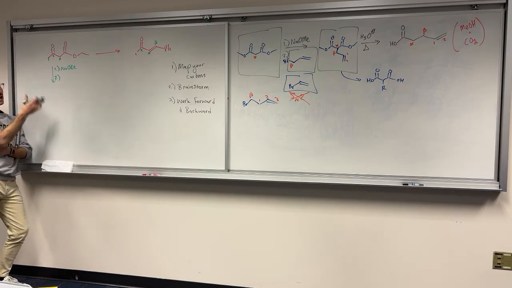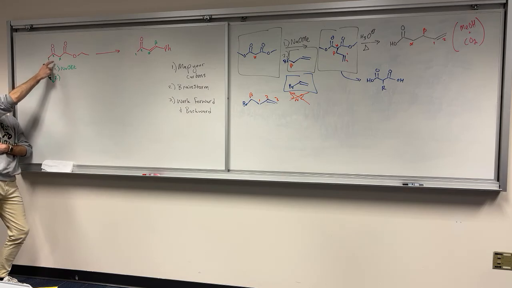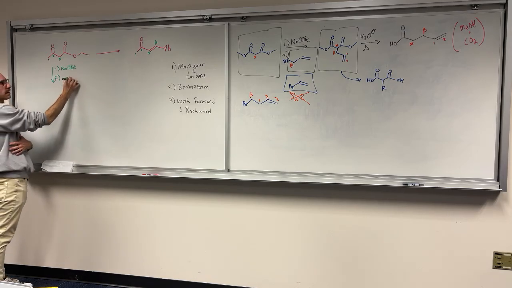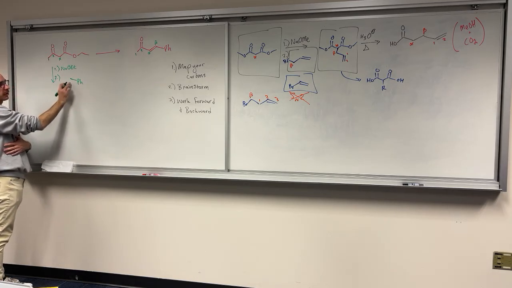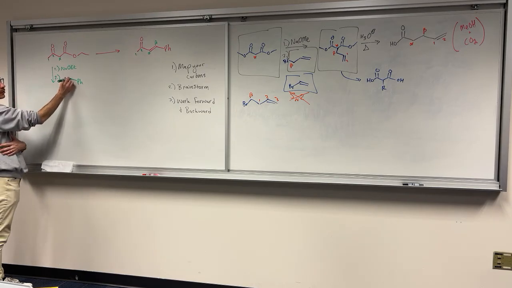Then I need to add position beta. Obviously alpha is not already sp2, so beta does not need to be sp2 here either. Beta needs to be a benzylic carbon connected to the Ph, and beta needs to have a leaving group.